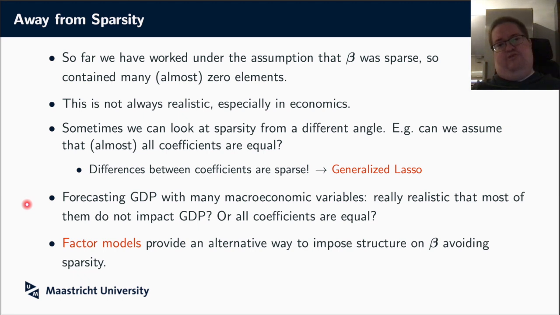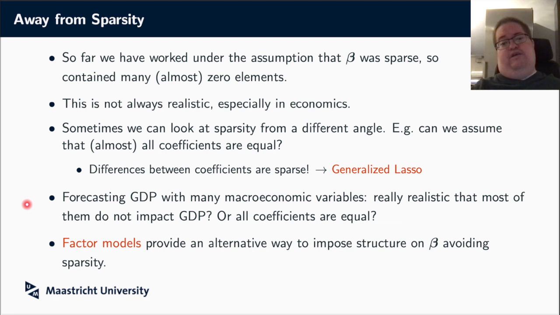Because that's what you would be saying, or at least that you can leave them out. But if you look at big data sets in macro, it's likely that all of these things matter. Some of them even are just components of GDP. So you could have sectoral data, for instance, where it's very hard to say that one particular sector is relevant, but the others are not for GDP.